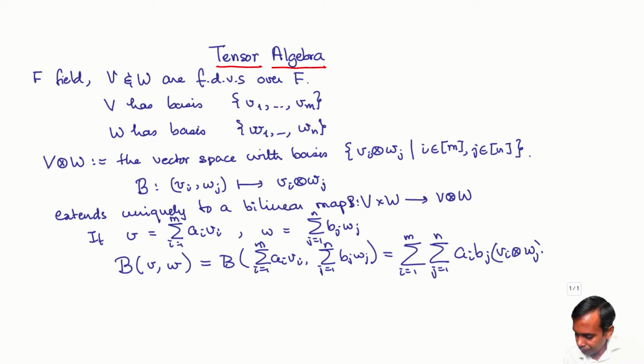So this is the map B from V cross W to V tensor W.